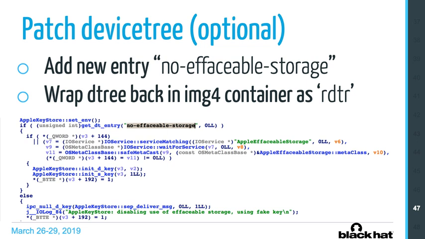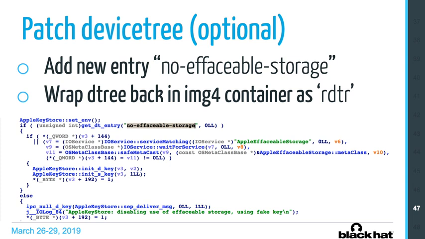Device tree, it's an optional patch, but it's required. What we need to do is disable the effaceable storage. The effaceable storage is a special place where the data protection keys are stored. And to prevent collisions between the two systems, we need to disable the effaceable storage.